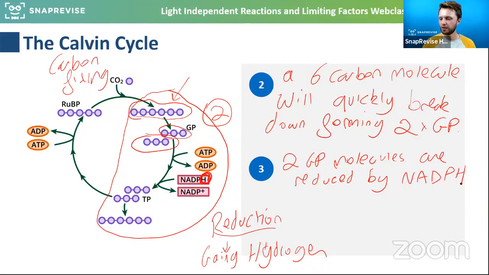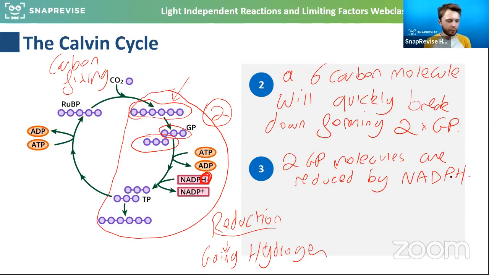If GP has been reduced, that means that my NADPH has been oxidized. You might be able to score a little mark as well if you can say that. So because NADPH has reduced something, it itself has been oxidized. As soon as my NADPH has lost its hydrogen, it's going to go right back to the thylakoids so it can gain some again.